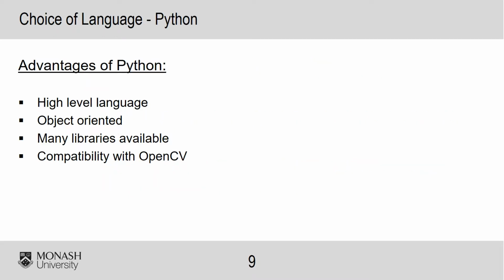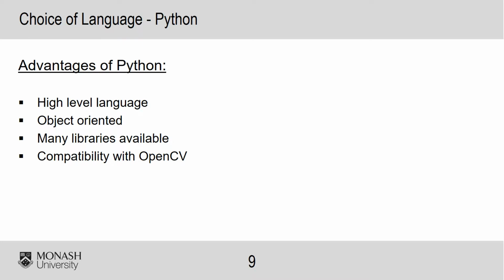Given the pre-existing code was written in Python, it was decided to continue using it. The advantages of Python include it being a high-level language which is object-oriented. This allows for easy debugging as the code is organized according to class and function.